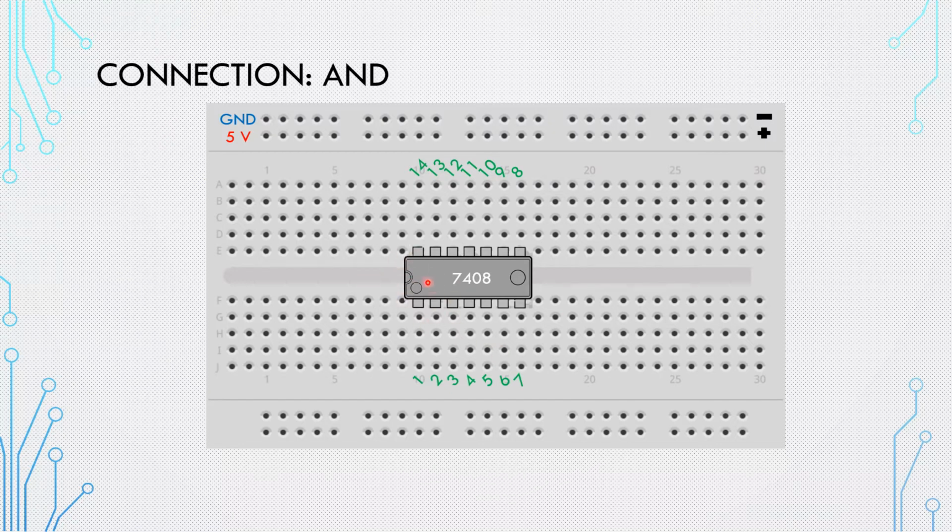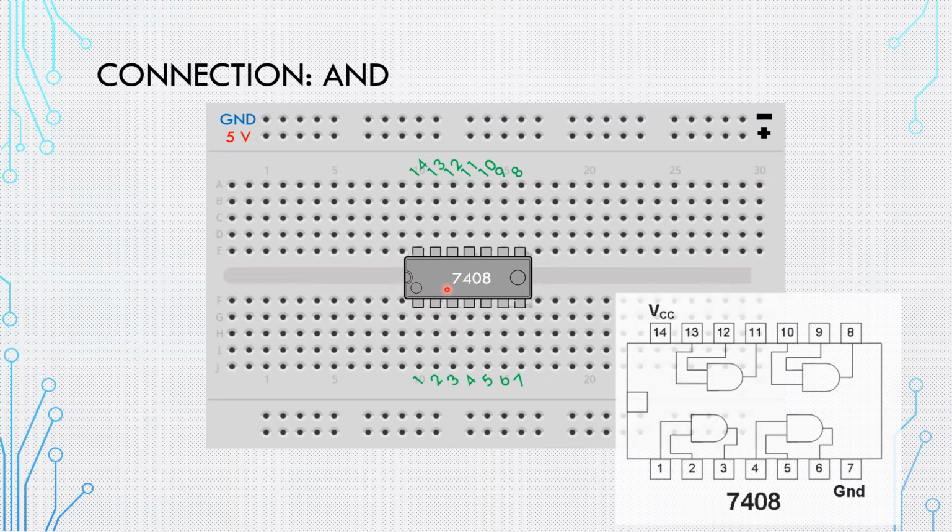Notice the notch here in order to know the numbers. So this is the notch, the 1 should be on the left, so this is 1, 2, 3, up to 7 and so on. Then bring the data sheet in order to know how to connect. First of all, start by connecting the VCC to 5 volt.